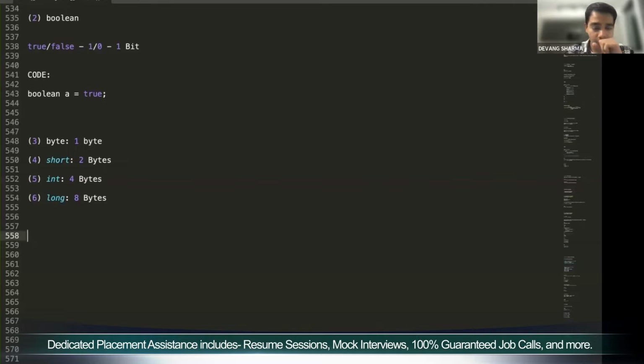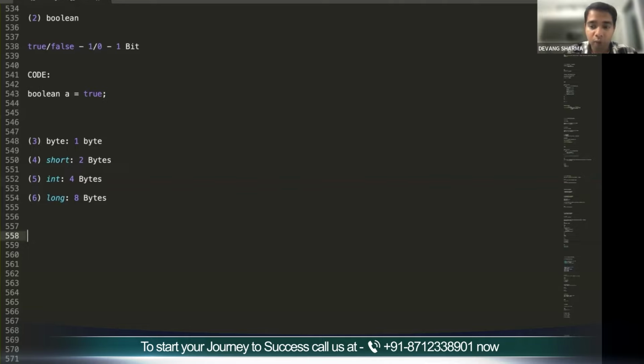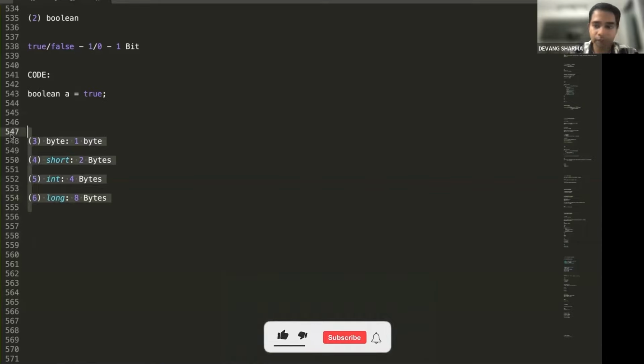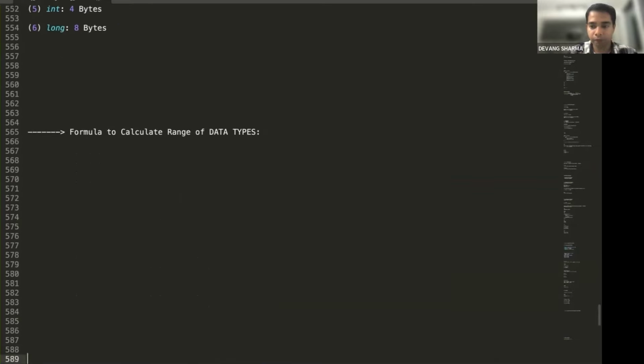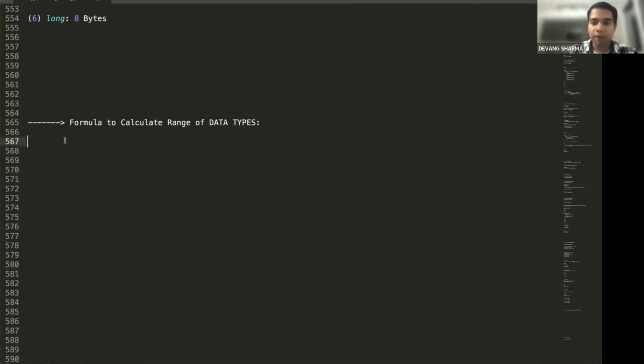Okay, now we are going to talk about a formula to calculate the range of data types. How do we calculate the range of these number types? Everybody clear with this? Okay, let's start with the basics.